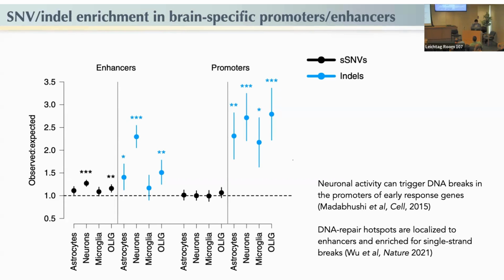Now, there is some literature on how neural activity can trigger DNA breaks, and that's perhaps the mechanism by which these indels are generated in promoters and enhancers. So it does make sense, and we are able to see this in single cells.